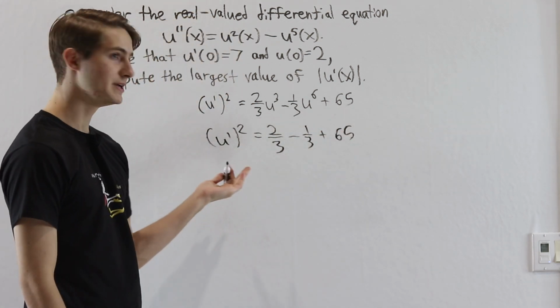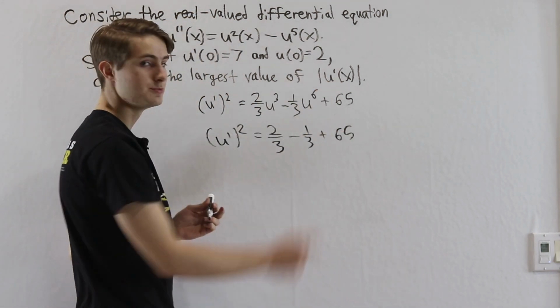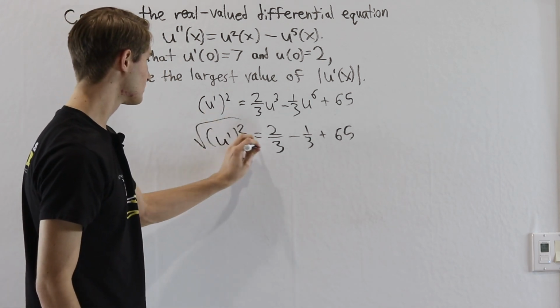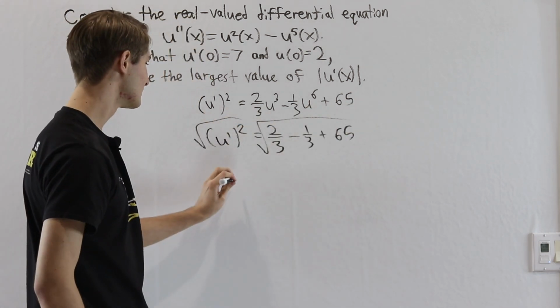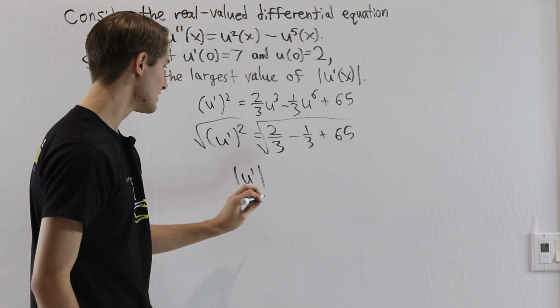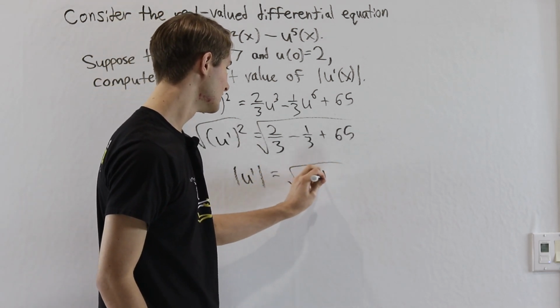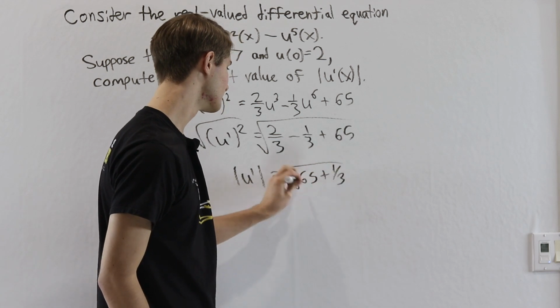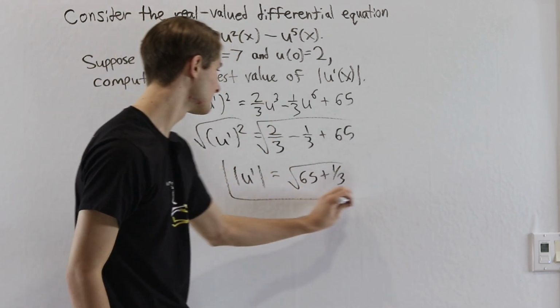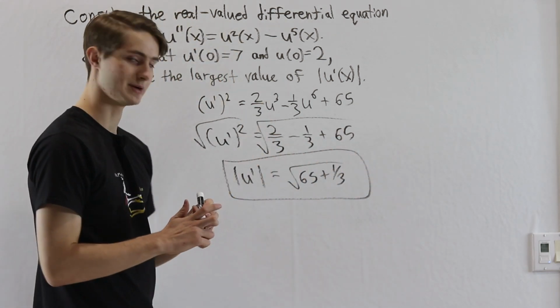And if we want to find the biggest value of the magnitude of u prime, that's just going to be the square root of both sides. So the magnitude of u prime is the square root of 65 plus 1/3, just simplifying that inside a little bit. That is the solution to our problem.